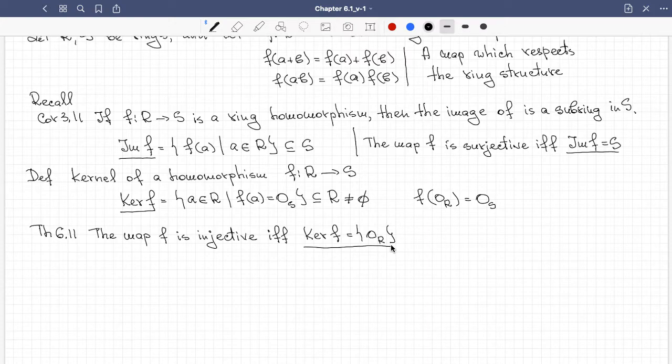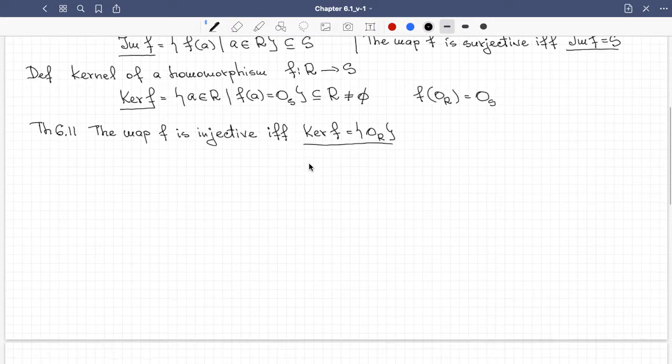Thus, we would expect that as the image is a subring of the target ring, the kernel should be a subring of the source ring for the map, and this is indeed the case.